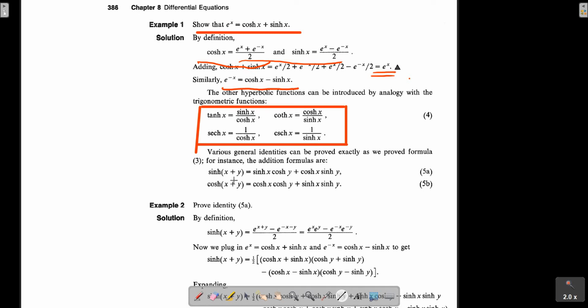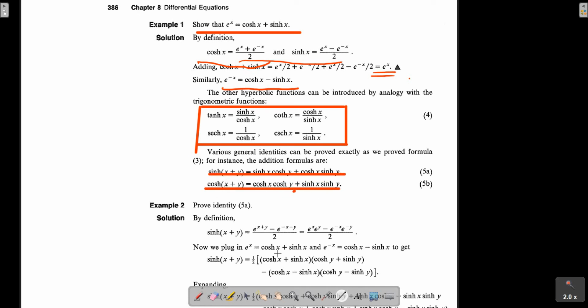And the other identities are sinh of x plus y is equal to sinh x cosh y plus cosh x sinh y, and cosh of x plus y is equal to cosh x cosh y plus sinh x sinh y. So these are the identities.